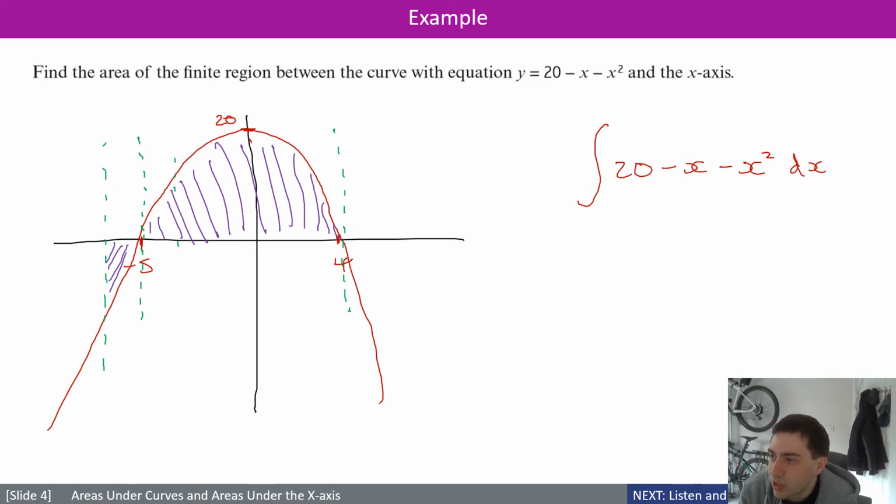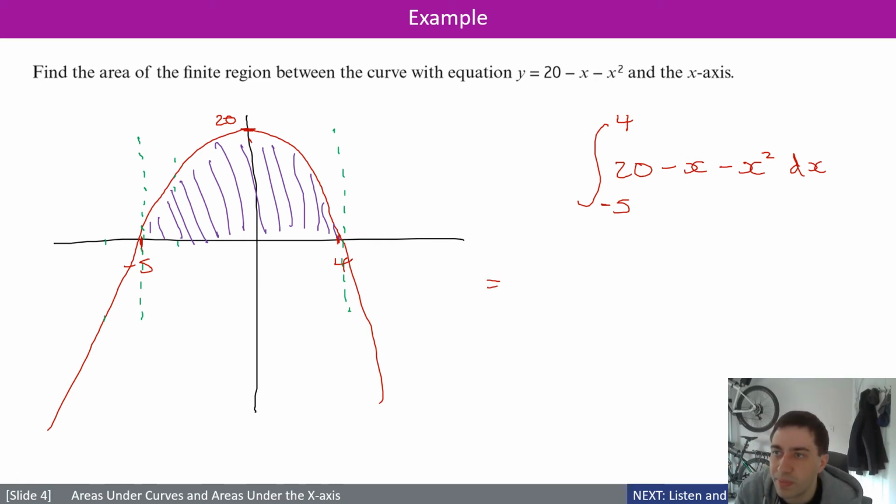Because I don't want to include either of those or do any chopping off, the limits need to be where they are, at -5 and 4. The left limit -5 becomes the bottom limit here, and the right limit of 4 becomes the top limit here. And we just calculate this definite integral, and this should give us the answer for the area.